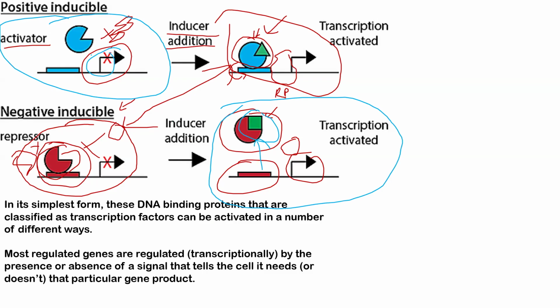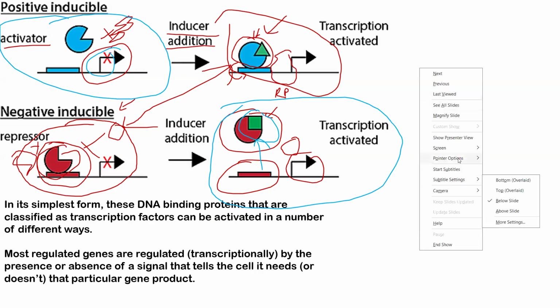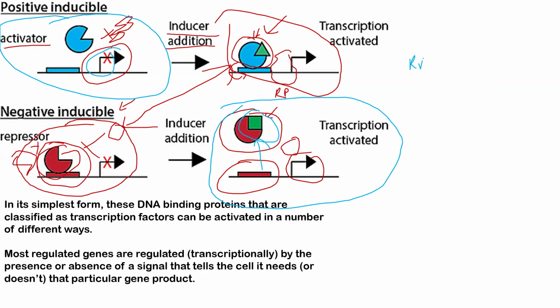So inhibition can occur by blocking RNA polymerase, either its binding or its reading, which can be done either by the addition of a repressor or the removal of an enhancer or an inducer.